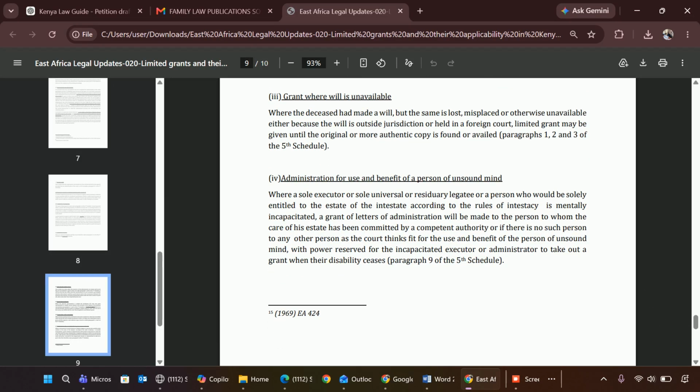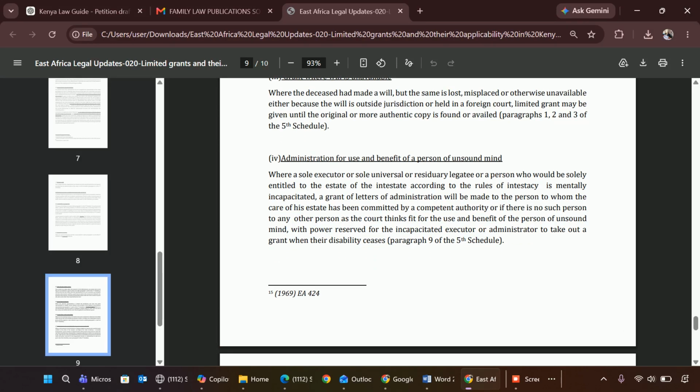Then you have administration for use and benefit of a person of unsound mind, where a sole executor or sole universal or residuary legatee or a person who will be solely entitled to the estate of an intestate according to the rules of intestacy is mentally incapacitated.